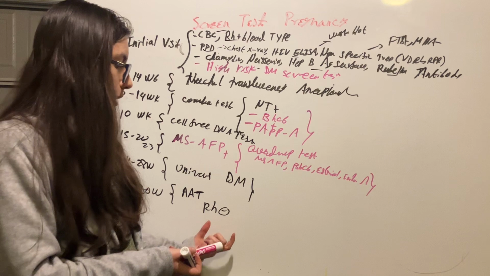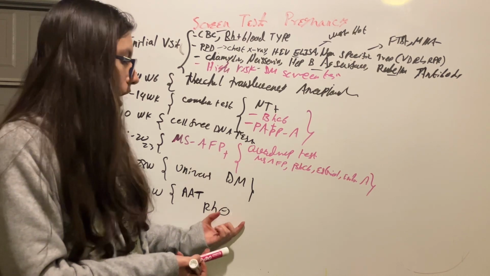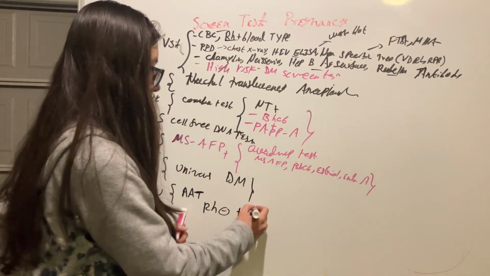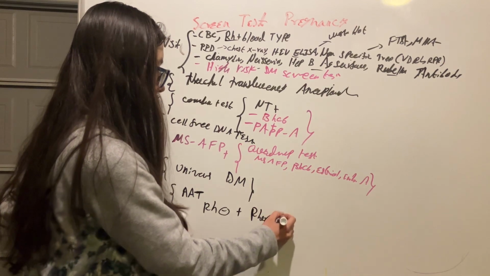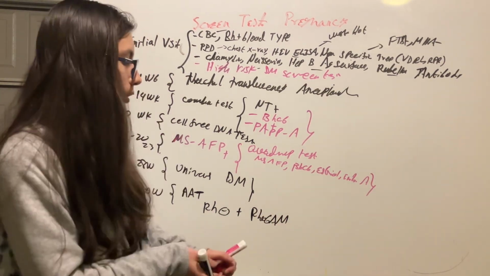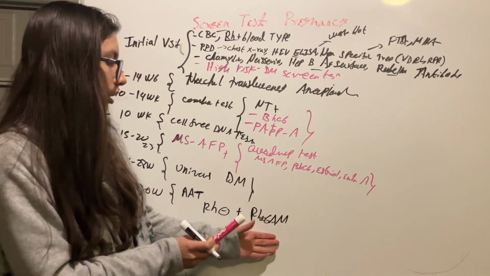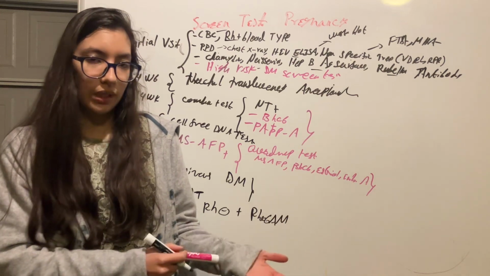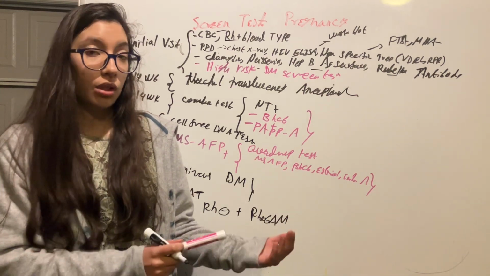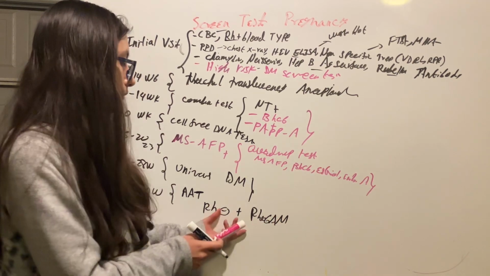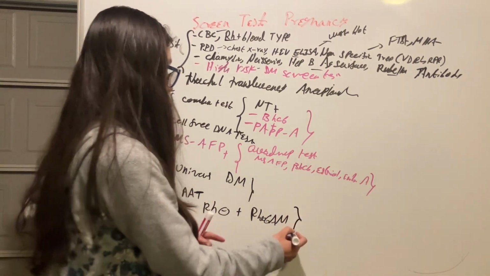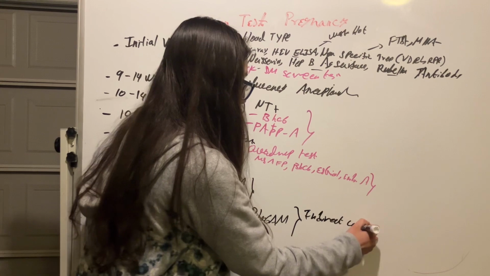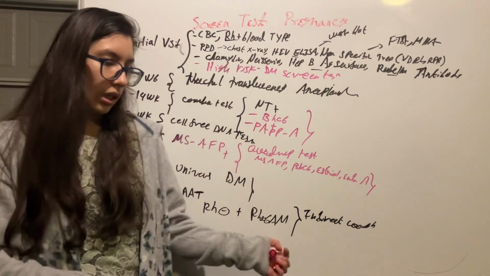If she is negative, then we will apply the RhoGAM vaccine, which is not a vaccine, but that is how it's called. But before administering RhoGAM to the Rh negative woman, we first want to see if she is already sensitized. If she is already sensitized, there is no need to administer the RhoGAM. We evaluate that with the indirect Coombs test, which is the atypical antibody test.